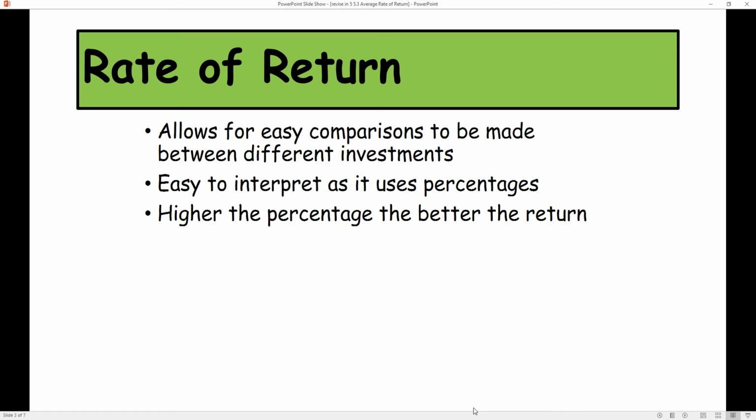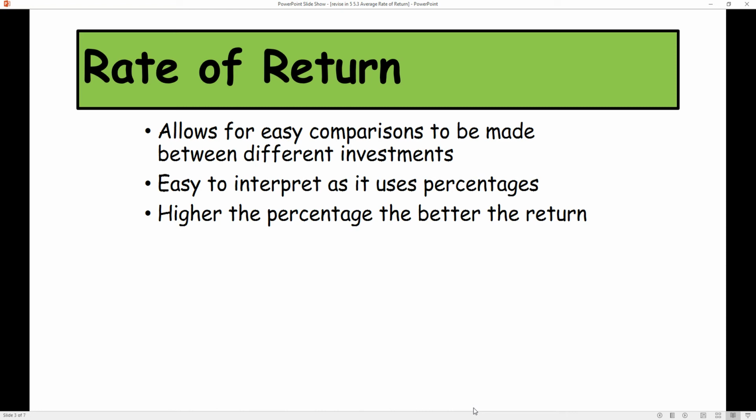Okay, so why is average rate of return actually good? Because it allows for easy comparisons to be made between different investments. It's quite easy to compare percentages. Let's say you have 3 different investment options and you're not sure which one to go for. You'd forecast some income, look at the costs, and then work out the average rate of return, and then you go for the one that offers the highest percentage on average.